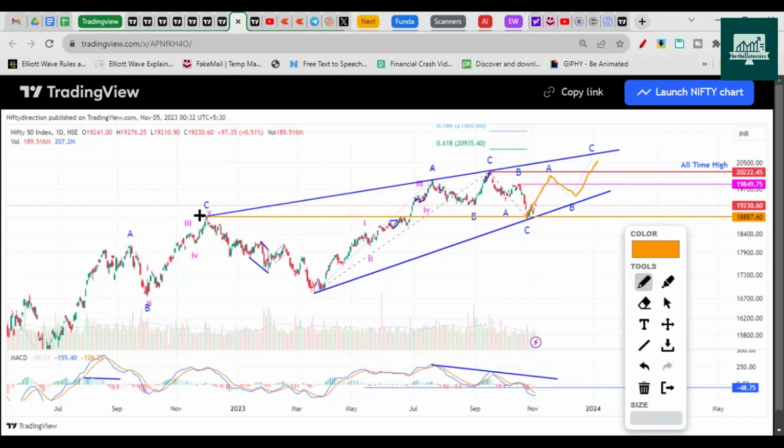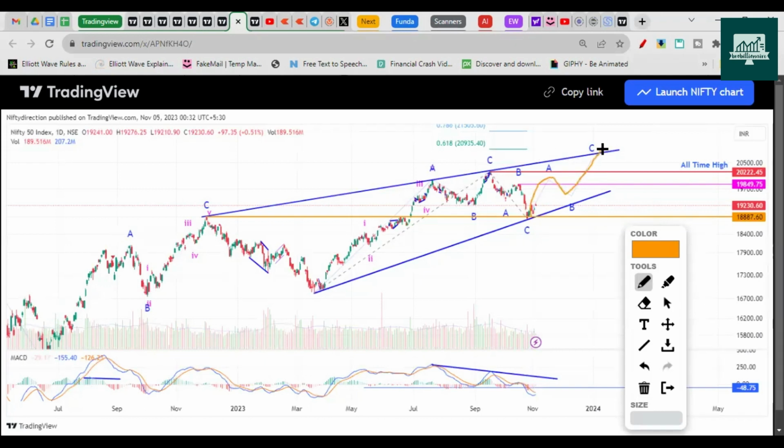So if this is an ending diagonal structure, it should not break this trend line. In that case, we'll make a smaller high, maybe 20,500, and then it would give a dip. Or if it's a leading diagonal, it should continue going higher.